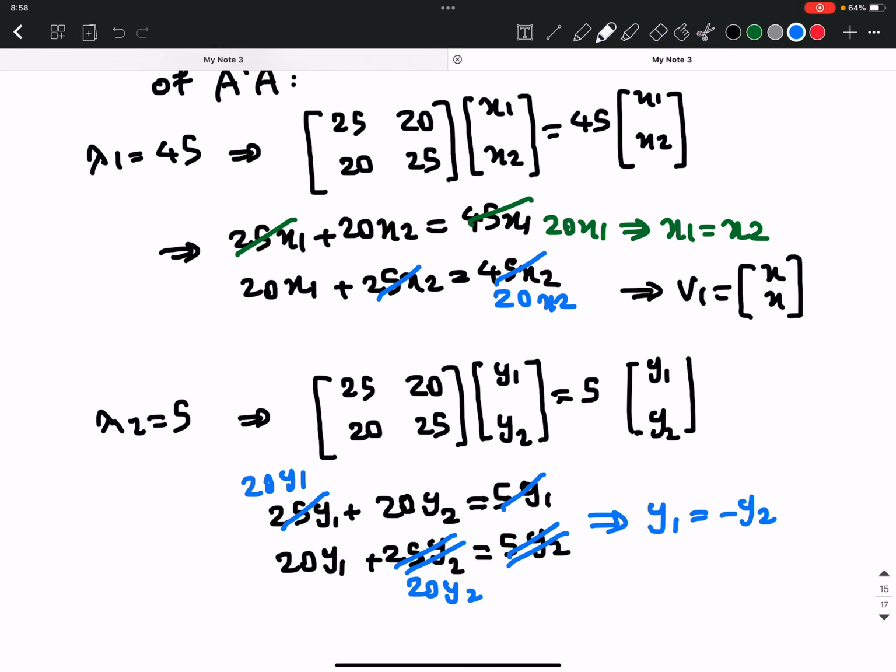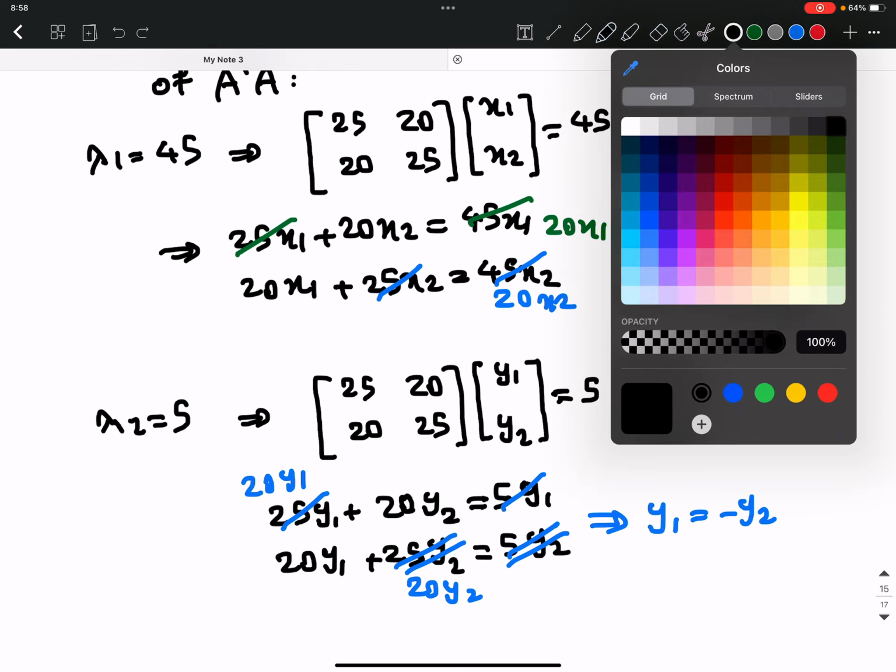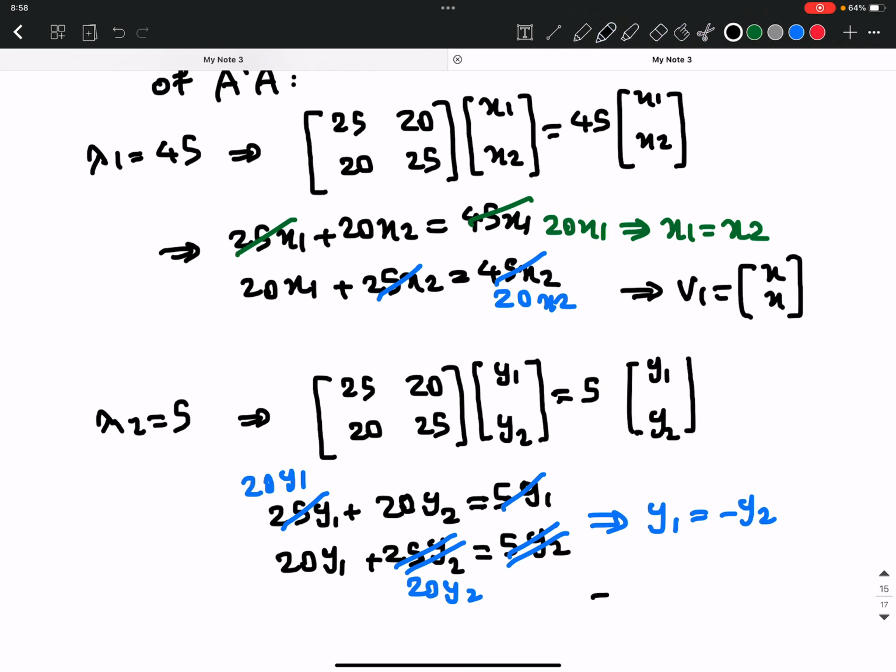So the second set that I am going to consider, the second eigenvector, is minus y and y. Okay, so this is my second eigenvector.